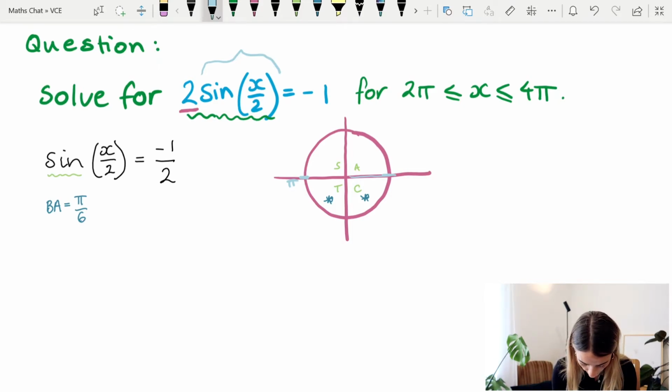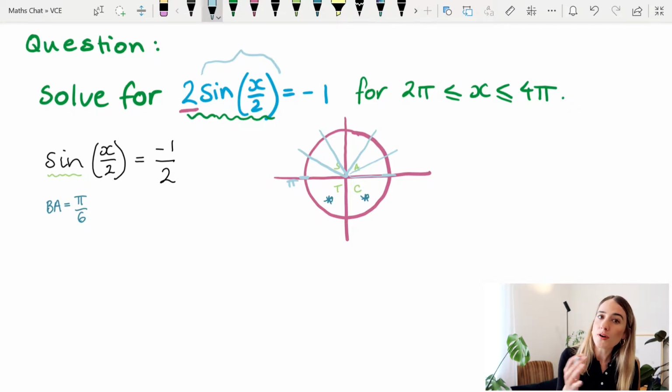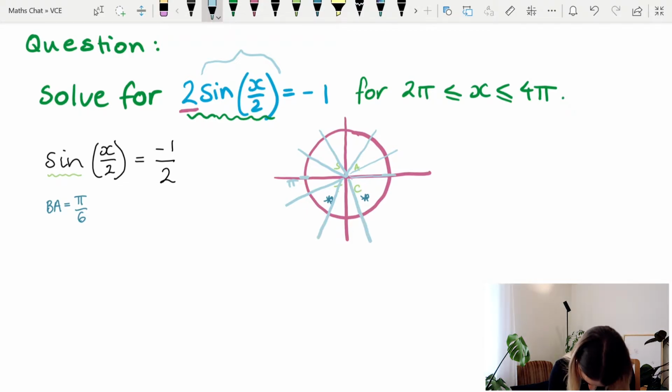I'm just going to quickly sketch them out for you, because sometimes it's really helpful, and this will help you with other problems if you were dealing with positive 1 on 2 in this particular context. So we've got our different sections here, and I need to work out what my values of the pi on 6 are in the negative quadrants for sine.